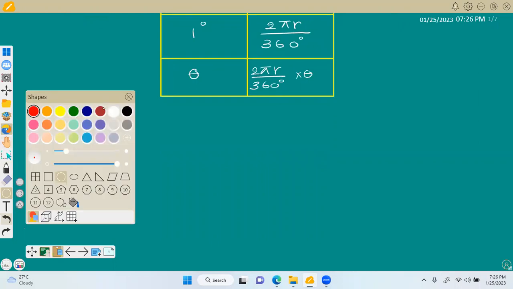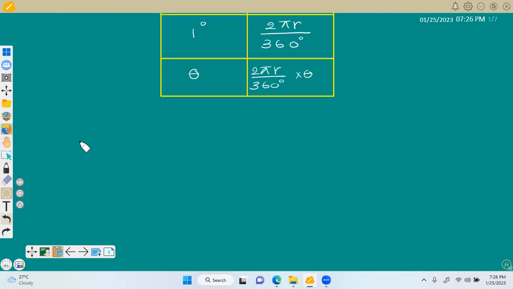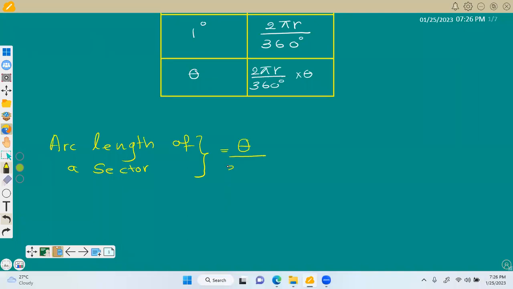The arc length of a sector is equal to theta upon 360, which is a fraction, where theta is the angle at the center, multiplied by 2 pi r.